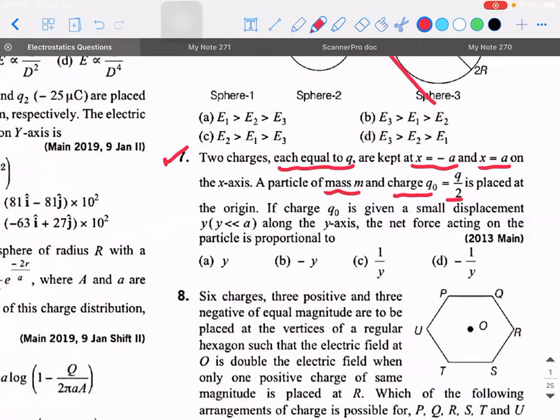If the charge q naught is given a small displacement y, very much less than a, along the y-axis, the net force acting on the particle is proportional to what?